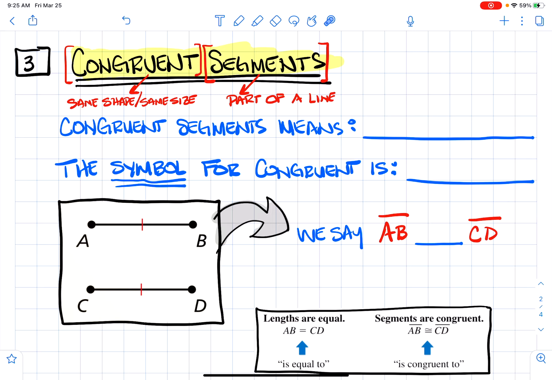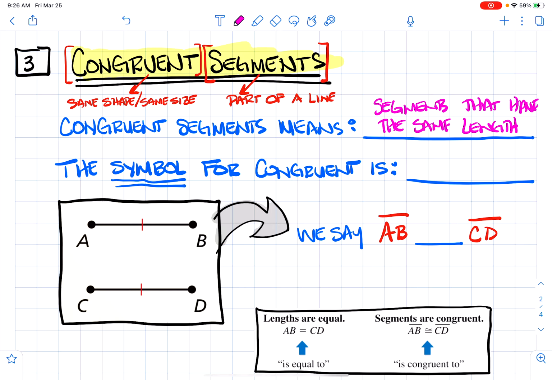So congruent segments are parts of lines that have the same shape and same size. Let's fill in the blanks for the definition together. Congruent segments means segments that have the same length.